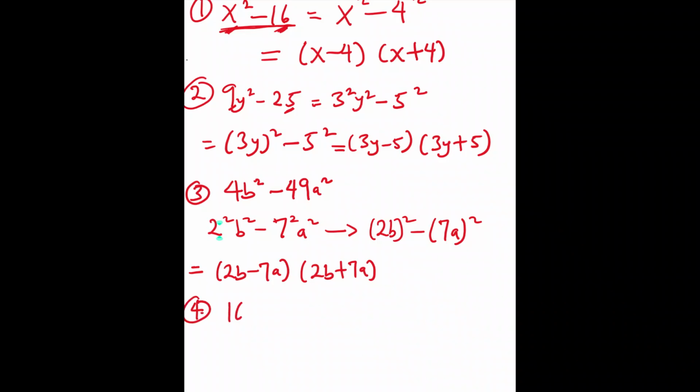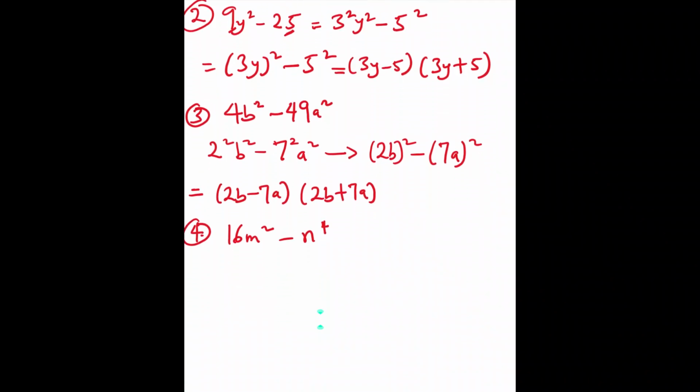Number 4, we have 16m squared minus n raised to power 4. This n raised to power 4 can still be written as n squared, all squared, by the power law, the exponential law, where the powers multiply.